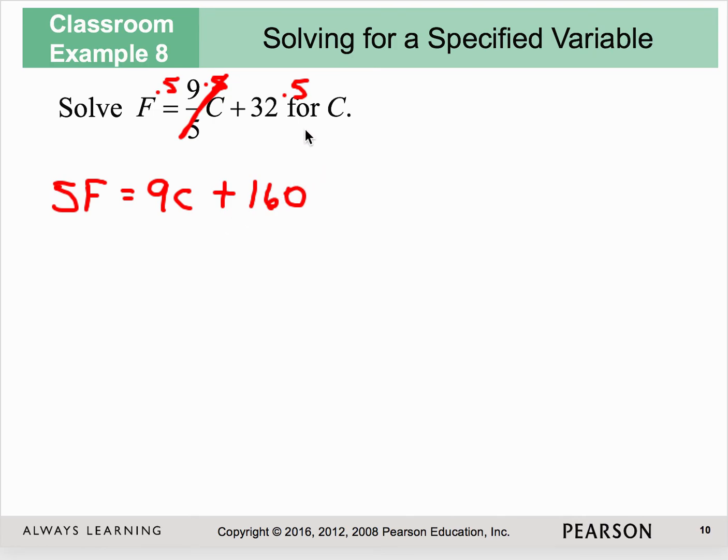Okay, now we're solving for C. So I've gotten rid of the fractions. There's no parentheses. I need to keep this in mind, what we're trying to get by itself, right? No math I can do. So undo what's being added to the C first.